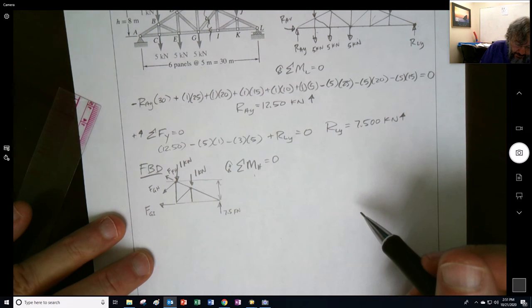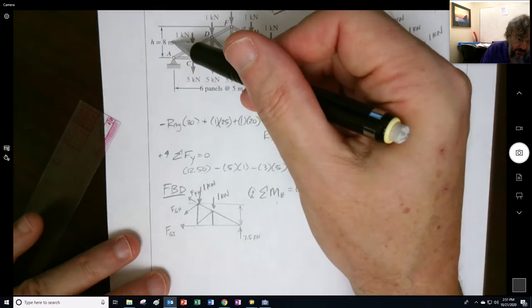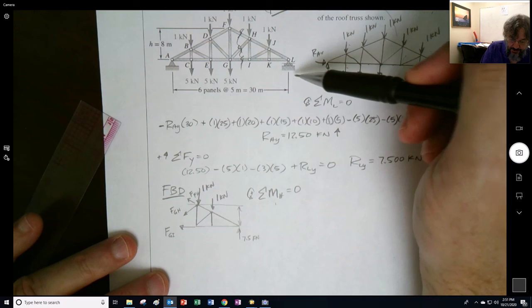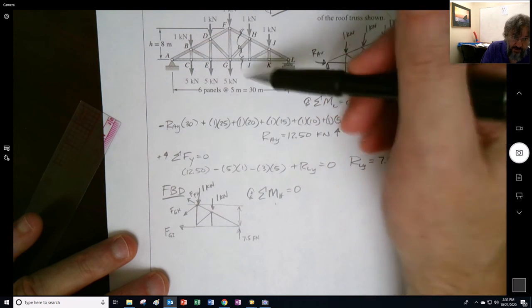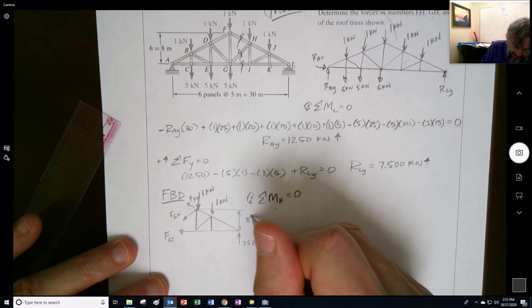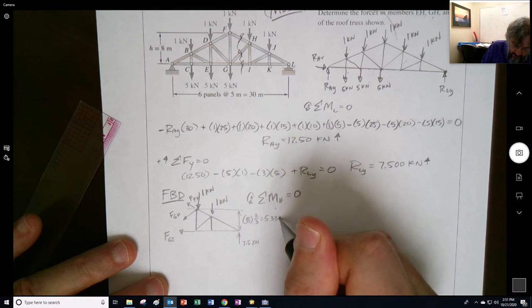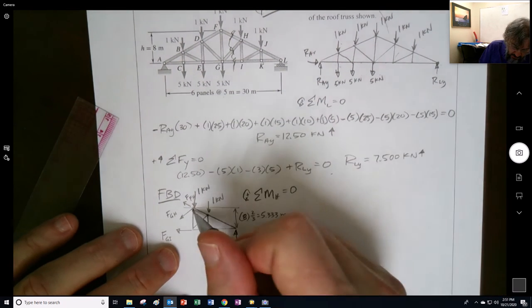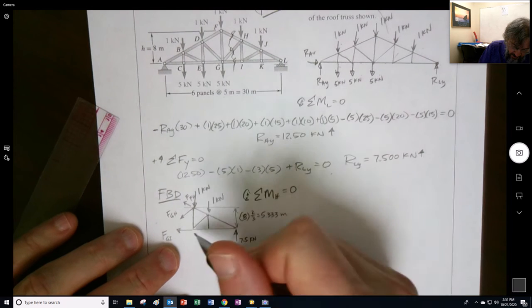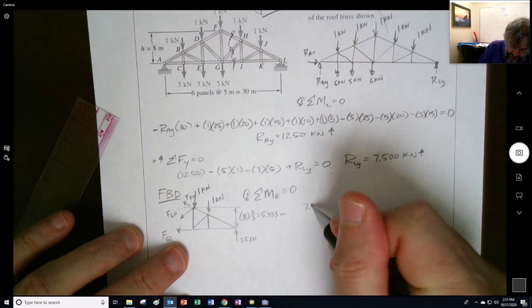In order to get that height, we know that this is 8 meters tall, and we know that this is like 1, 2, 3, so it's divided into thirds, and by similar triangles, that's 8 times 2/3, which comes out to 5.333 meters. Trust me.